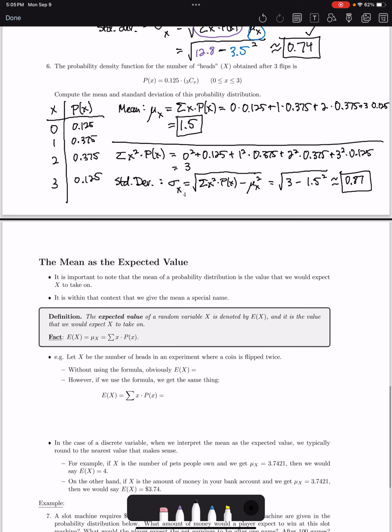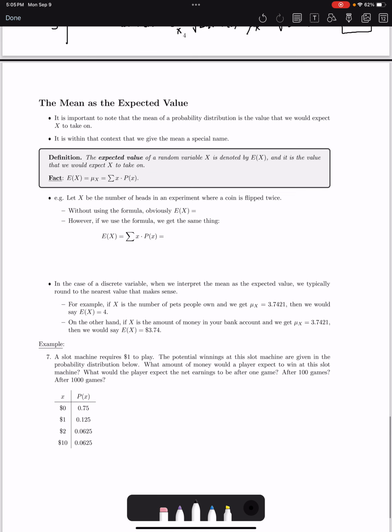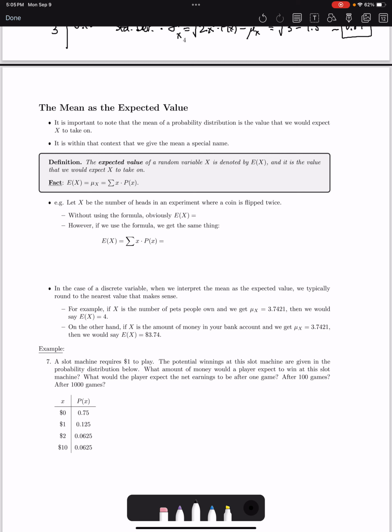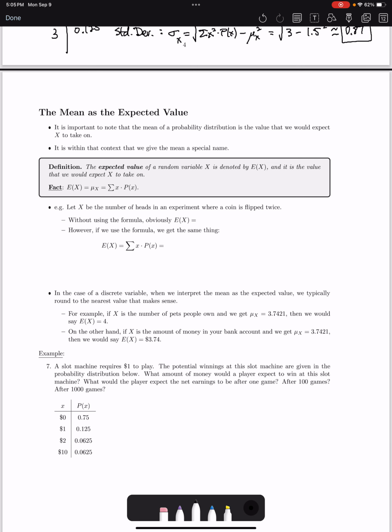One last topic before we close out this section is that we can think of the mean in a slightly different way here. We can think of the mean as the expected value, right? The expected value is the value you expect x to be, okay?